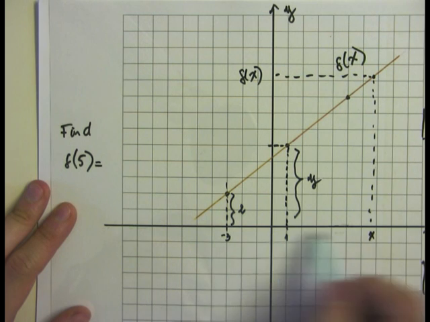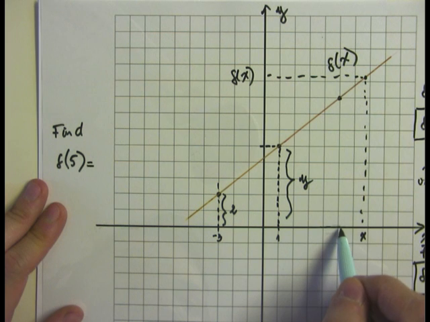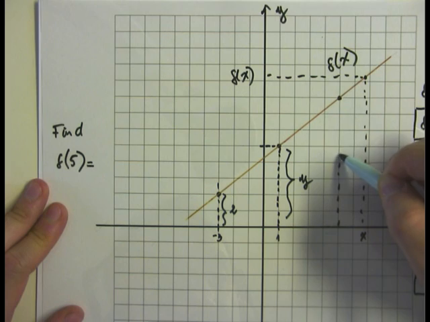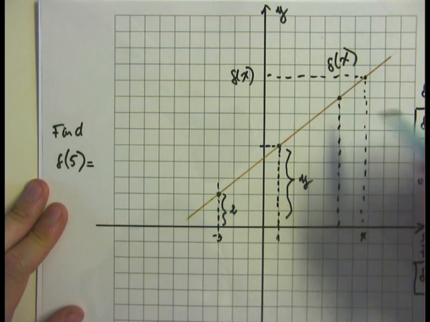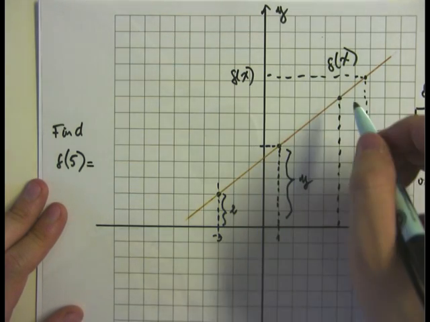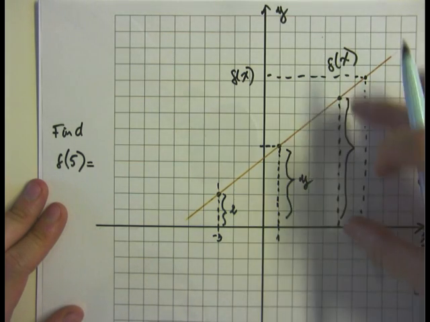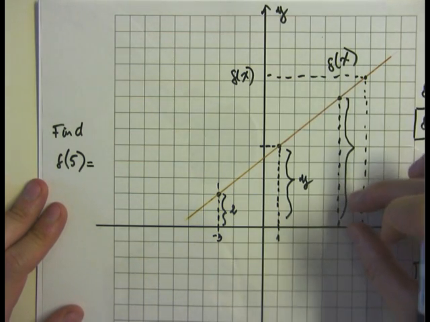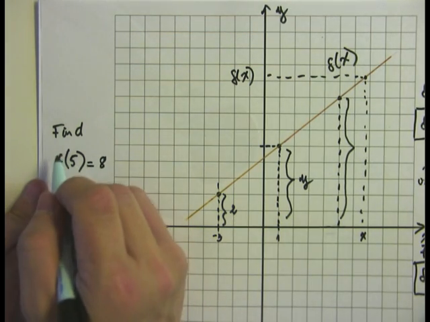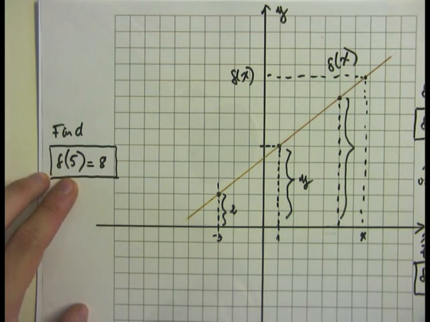So on the x-axis of the graph, you go 1, 2, 3, 4, 5 in the positive direction, and then draw a vertical dashed line until it meets the graph itself. Right there, how much y value is this? How much is the vertical coordinate? Either way I'm counting, 2, 4, 6, 8. So the answer to f of 5 equals 8. So that is also one way you can evaluate a function's value based on the graph.